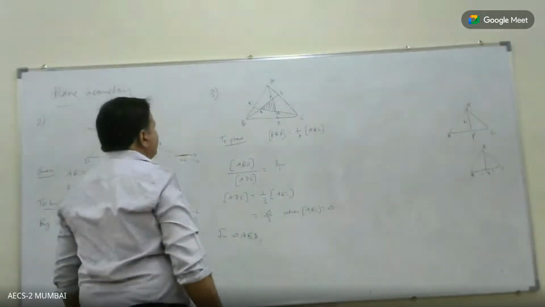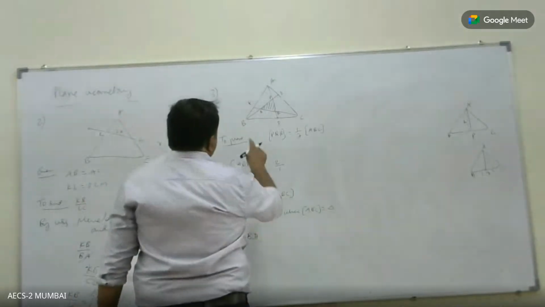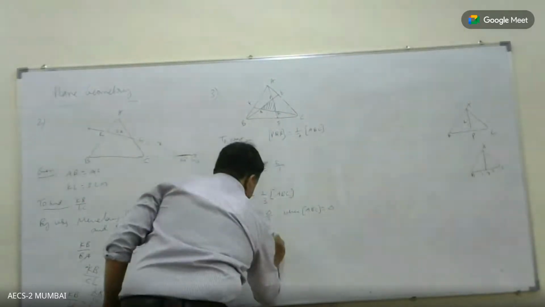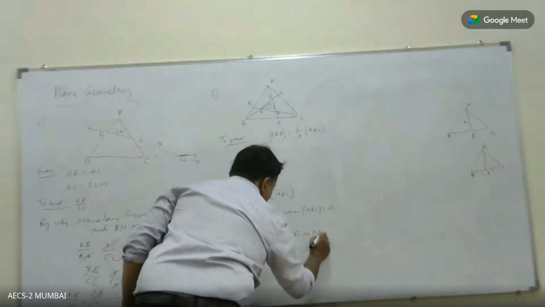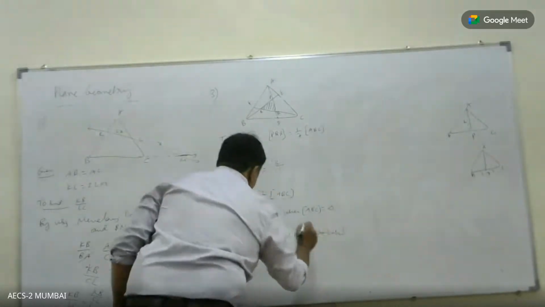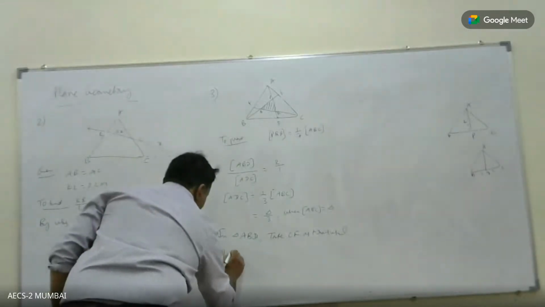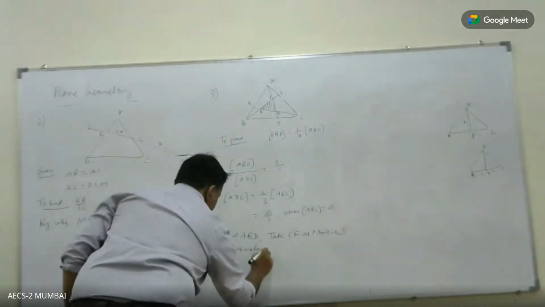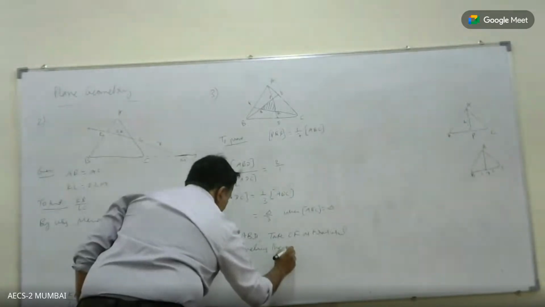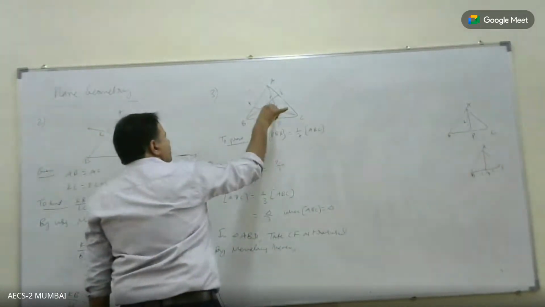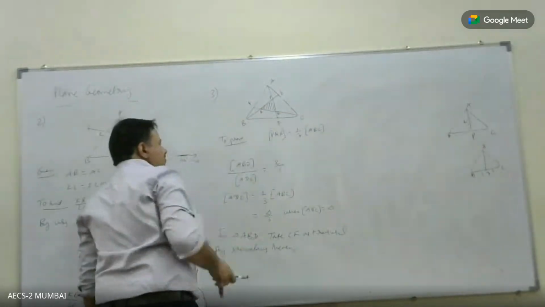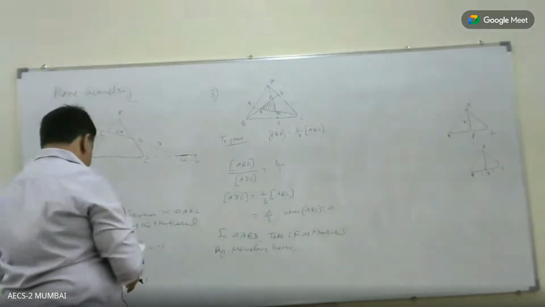In triangle ABD, take the transversal CF. By Menelaus's theorem, take this triangle, take this transversal, try to apply Menelaus's theorem.